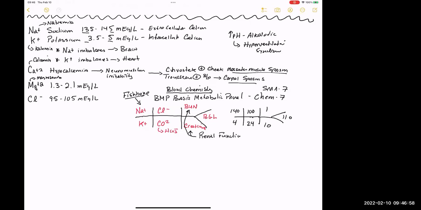Now, there is another blood chemistry. This is referred to as the CMP, the complete metabolic panel, instead of the basic metabolic panel. This is sometimes referred to as the SMA or Chem 12. And so it looks at not only the BMP, but it looks at some additional values. So it looks at the calcium. This is where you get the calcium level. Look at the albumin.